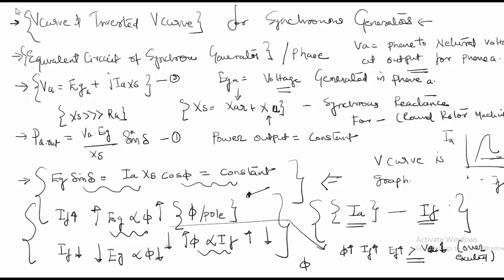And when my flux is less, my IF has been reduced and my EF is now less than VA, then the machine is said to be in the underexcited state.